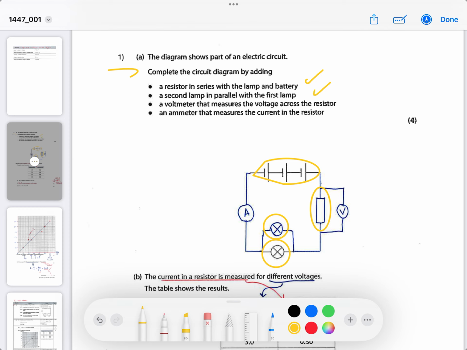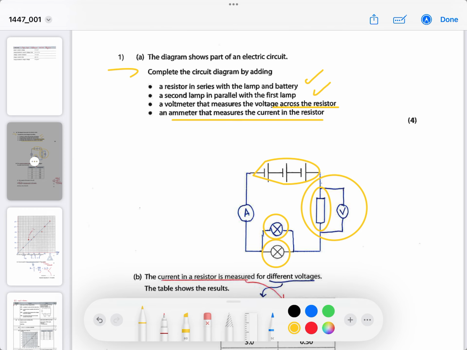The third one says a voltmeter that measures the voltage across the resistor. Now remember, voltmeters always go across a component. They don't go in series with the circuit. So this is the voltmeter across the resistor. And finally it says the ammeter that measures the current in the resistor.